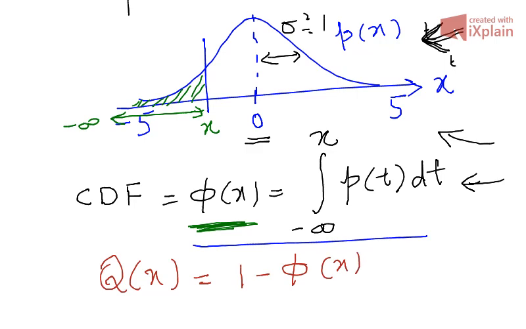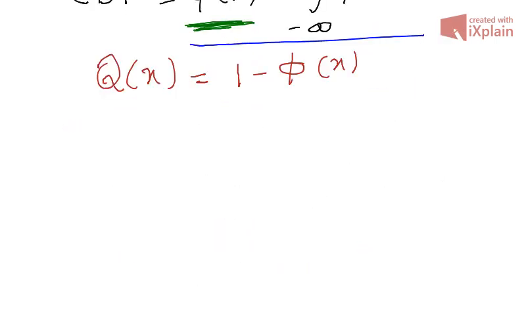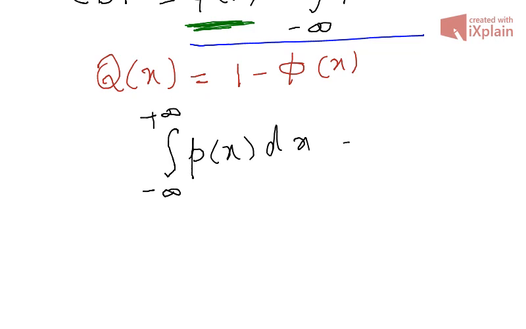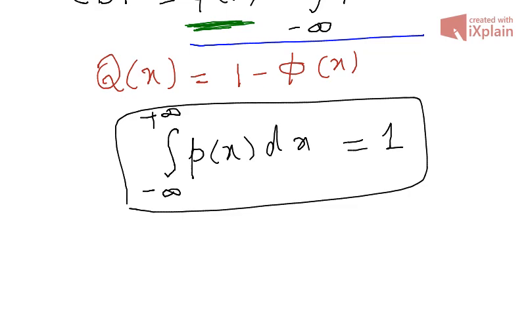Now keep in mind, if you integrate any PDF from minus infinity to plus infinity, just recall your previous knowledge, you would get unity. The whole integral is equal to 1.